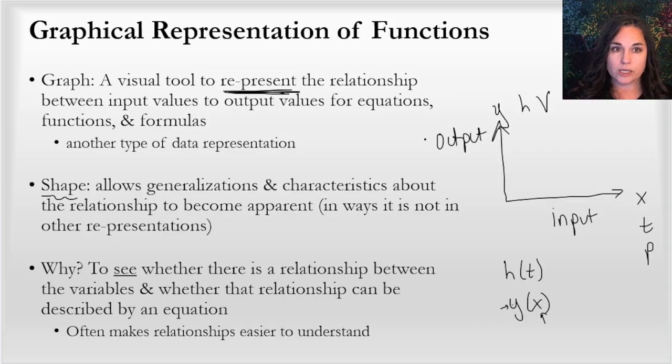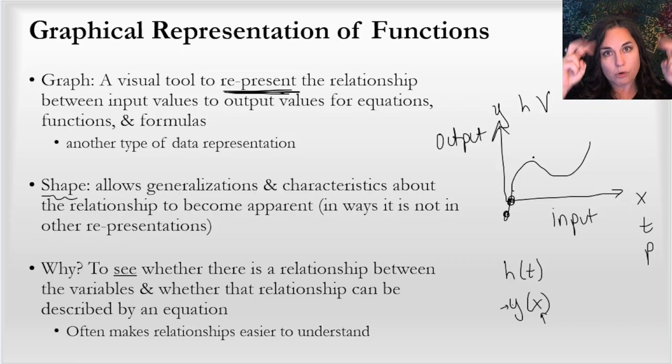And so when we read a graph, it will allow us to see things that we would not apparently see in the algebraic equation of that function. Okay, we can see how it curves, we can see how it peaks, and we can see how it changes over time. We would be able to see intercepts, right? There are a lot of things on a graph that are very important features.